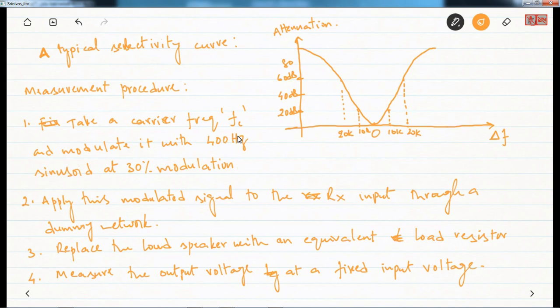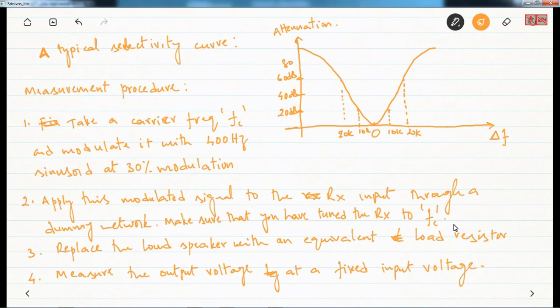And then vary the carrier frequency, and don't vary the input signal amplitude. Obviously your receiver is tuned to FC. Here I forgot to say, make sure that you have tuned the receiver to FC. So we have tuned the receiver to FC and applied the signal, and you get an output voltage.